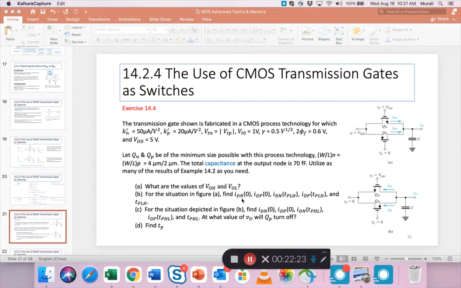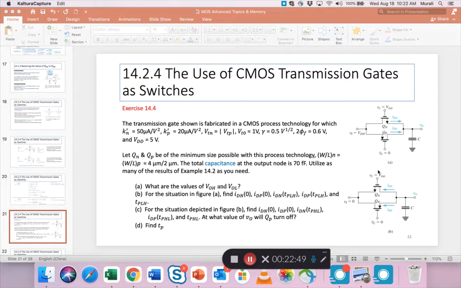B, C, D are similar to what we did previously for the NMOS only. You have to find the currents, both the NMOS current and the PMOS current, at 0 time and at time TPLH, which is low to high. Then you find the current at that point, and you find at what time that TPLH point happens.